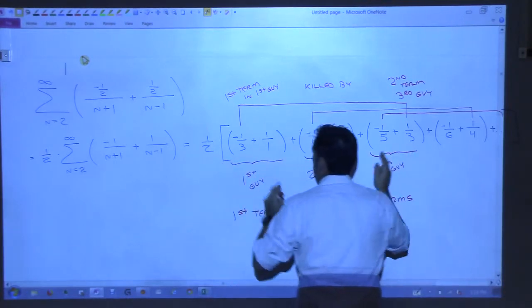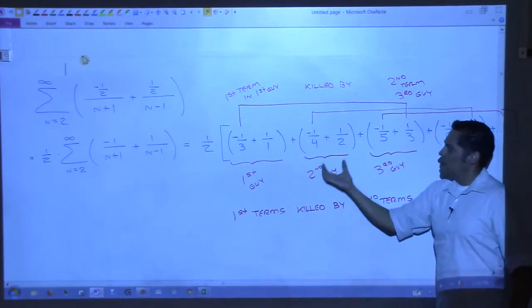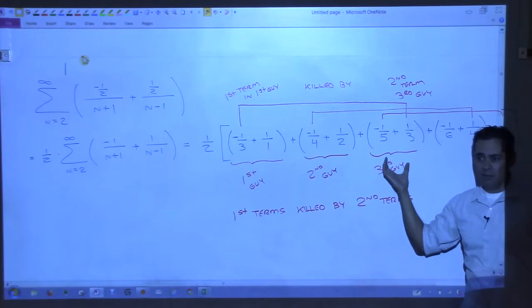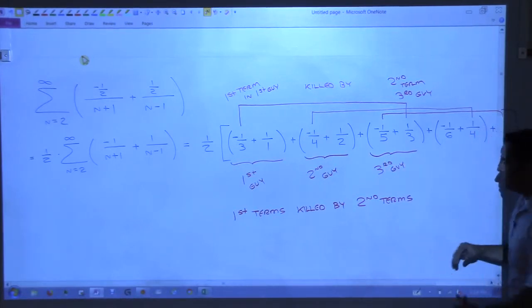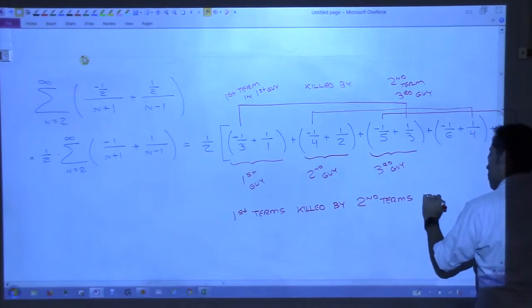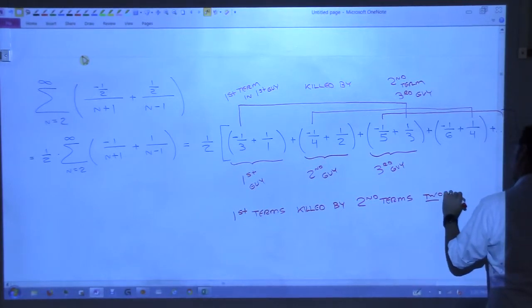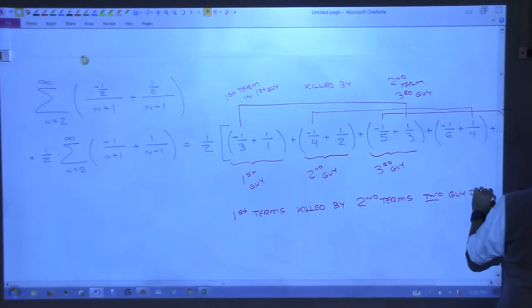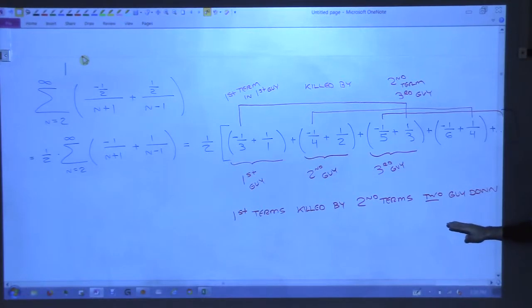But those second terms are two guys down, right? Always. Two guys down. Does that make any sense to you? I'm trying to explain this to you the way that I see it. You're not going to read this in a textbook like guys in terms. Does it make sense to you?